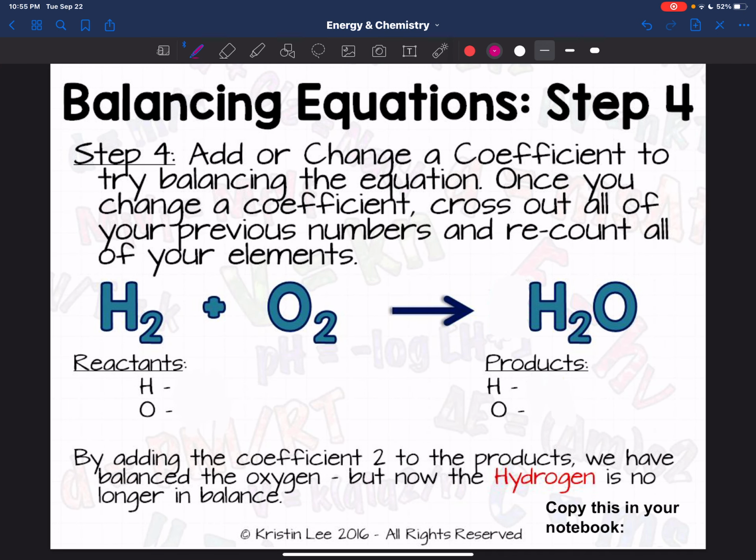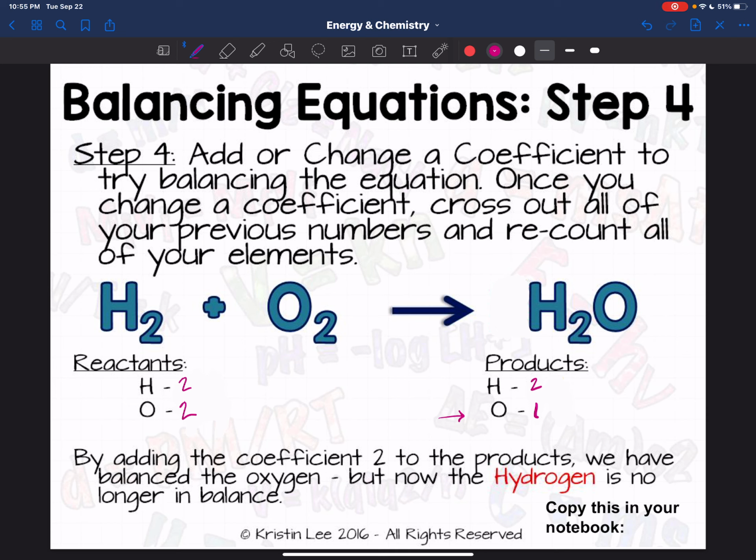Step 4 is add or change a coefficient to try balancing the equation. Once you change a coefficient, cross out the previous numbers, and we'll adjust as we go. Originally, hydrogen was 2, oxygen was 2, hydrogen was 2, oxygen was 1. Usually I start with the side that has the least amount, and then I make the coefficient so I can get to the other one.